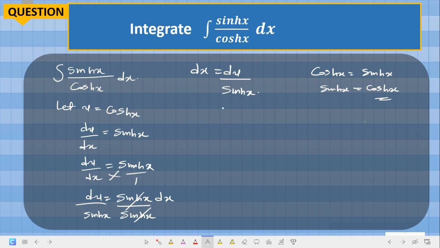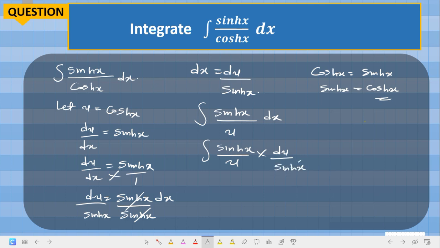Okay, so at this point in time, remember that you made a substitution. So we have sin x all over cos x dx. Now remember that you said cos x is u. So in place of cos x, we can put u, and then this gives us sin x all over u times, what is our dx? We said dx is du over sin x. Sin x cancels sin x, and this gives us 1 over u du.